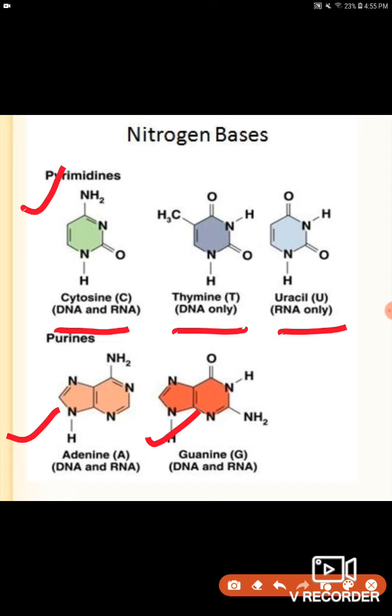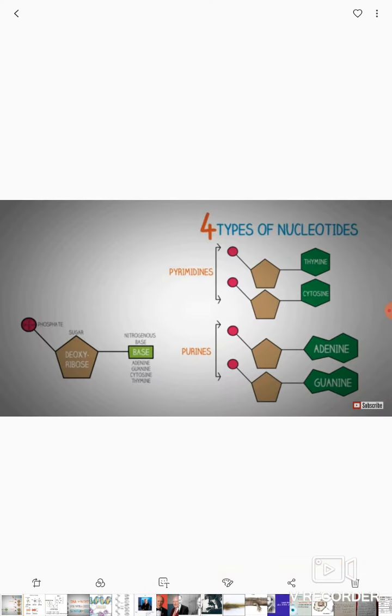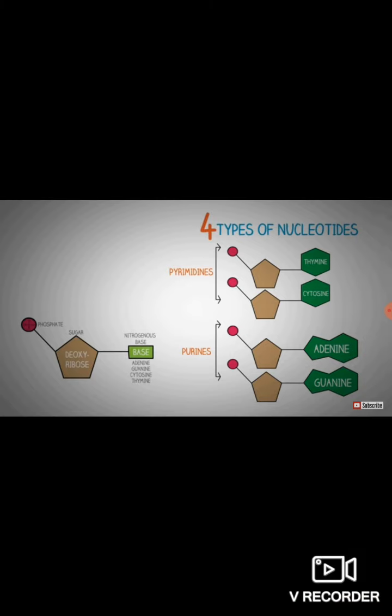Cytosine, thymine, adenine and guanine, these 4 are present in DNA and RNA, but uracil is present only in RNA. So depending on that, we have 4 types of nucleotides. As you know, what do we mean by nucleotide?